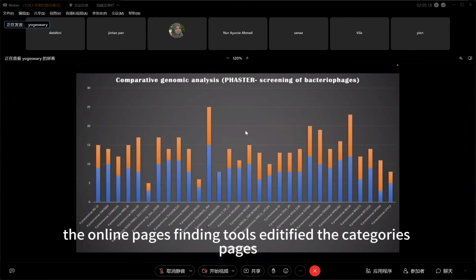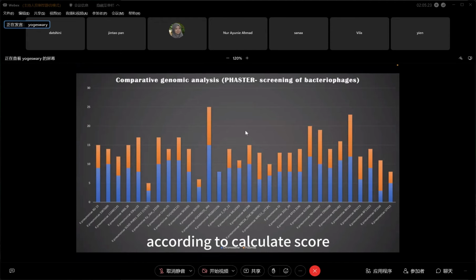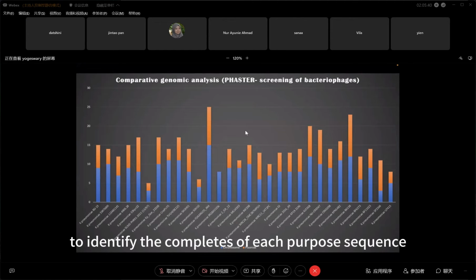The online phage finding tool categorizes phages according to a calculated score. The phages are assigned different colors to identify the completeness of each phage sequence.